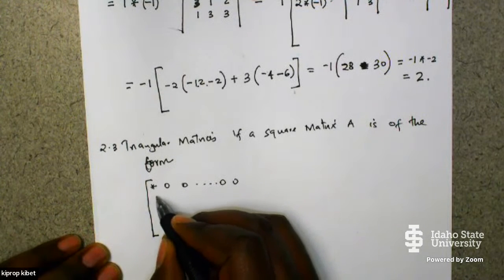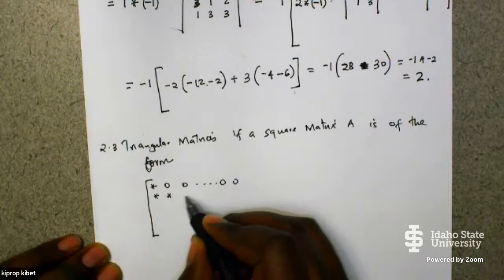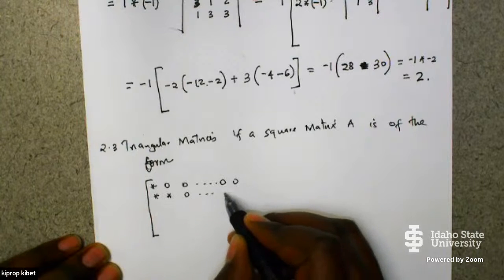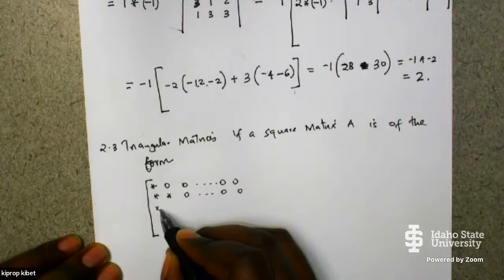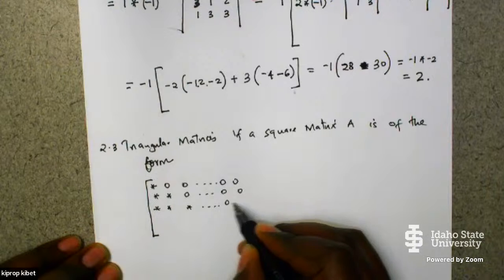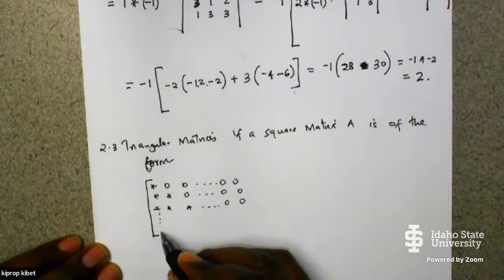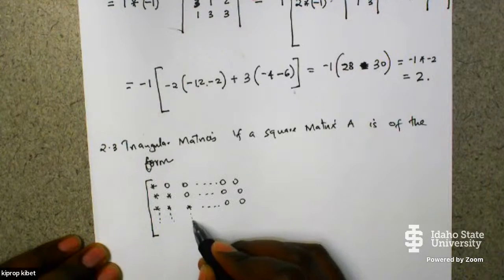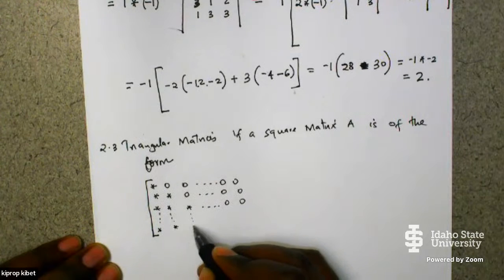We have another value there, all these are zeros. We have values there, all these are zeros. And then we continue like that. We have values there.